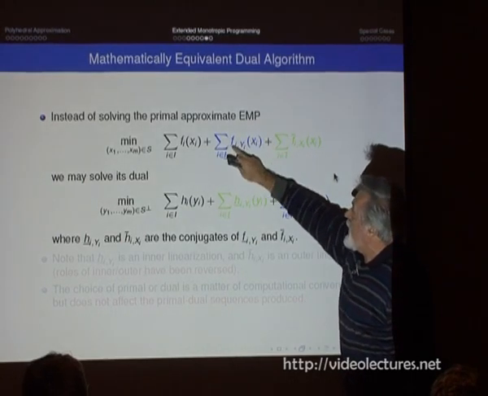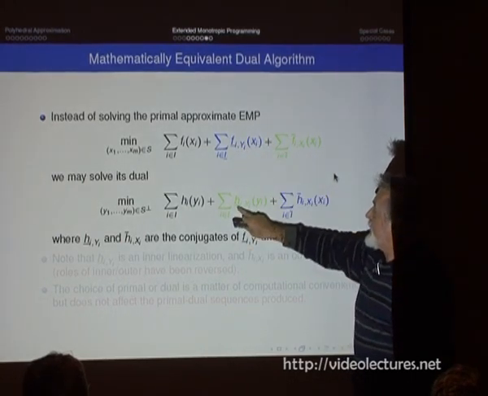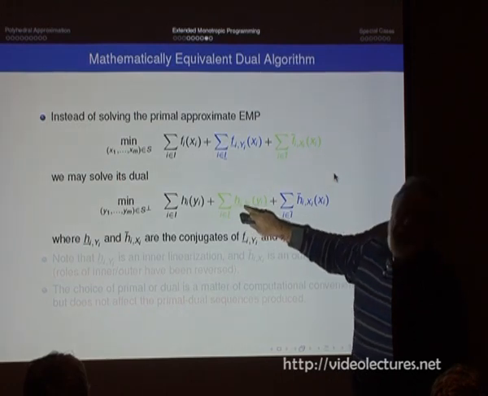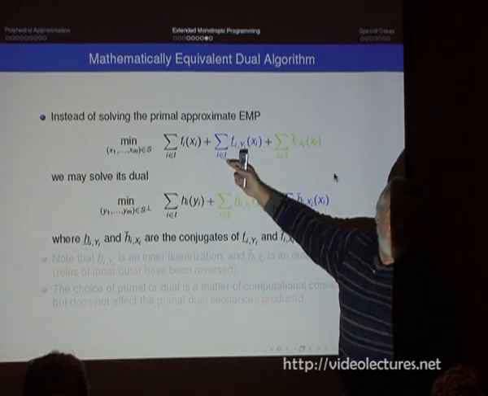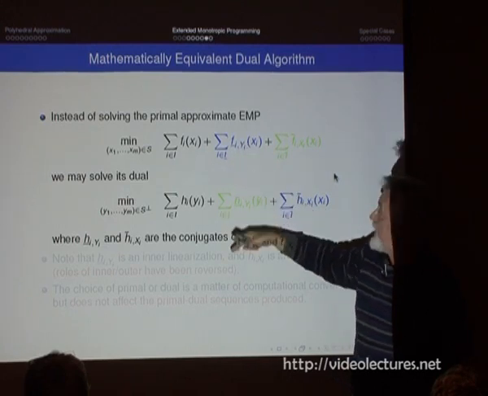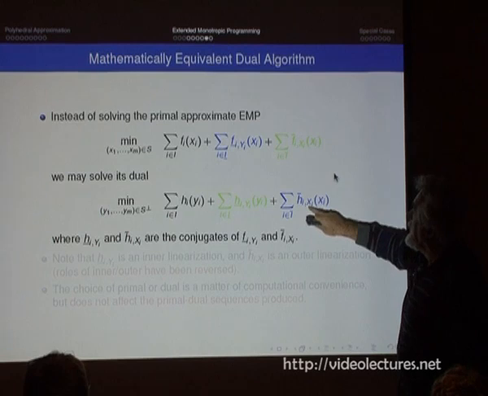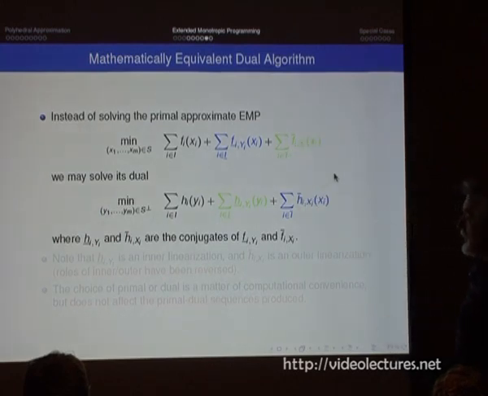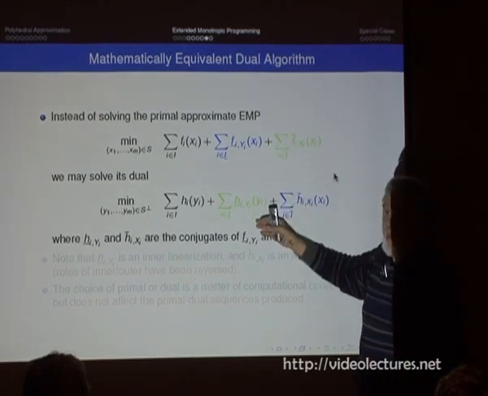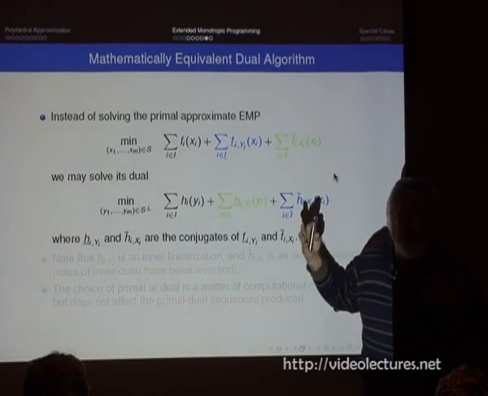The dual of fi is hi, but now it becomes a green function, because remember the conjugate of an outer is an inner. And similarly here, the conjugate of a green becomes a blue. And you can solve either this or that, or solve them simultaneously, whatever is convenient for you.